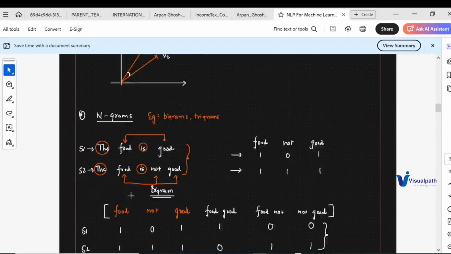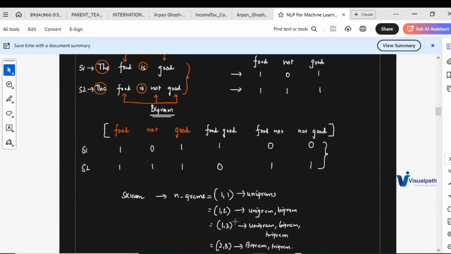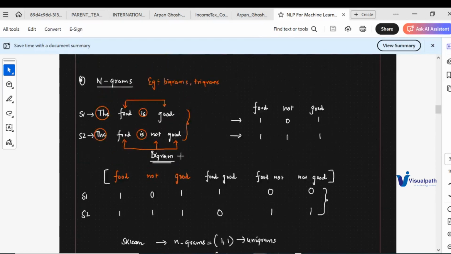If you select the parameter 1 comma 2, that means unigram and bigram. If it is a bigram, I will combine two words. All the words will have a combination. For example, what are the unique words present? Food, not, good, if I remove the and is.